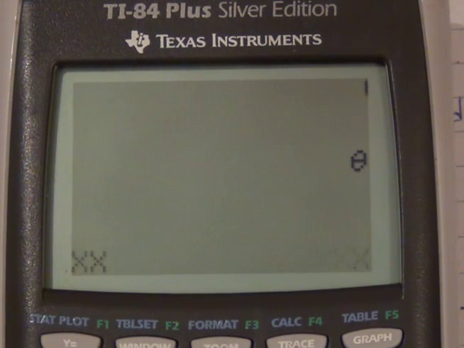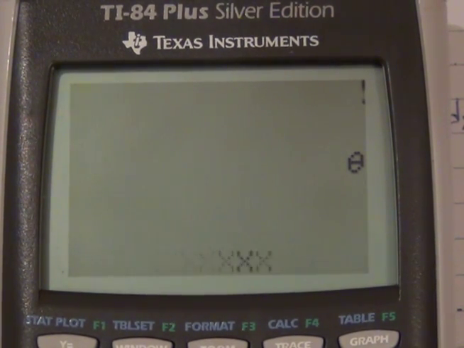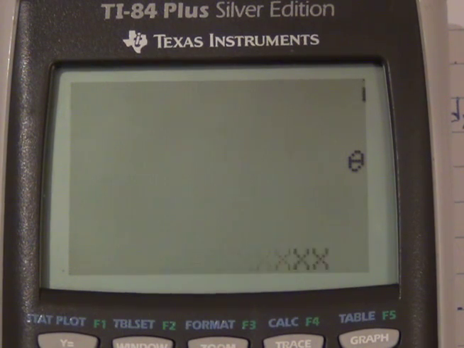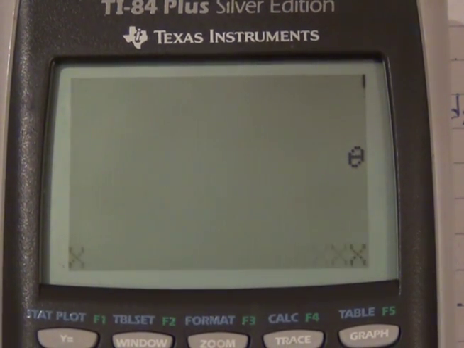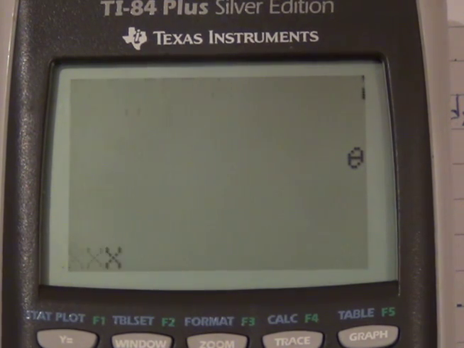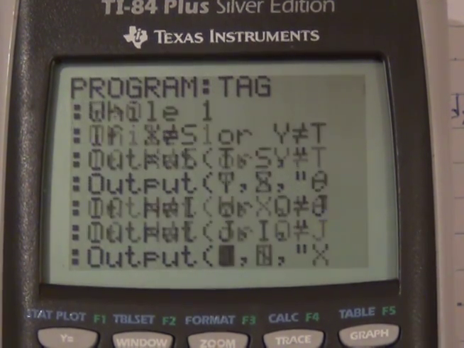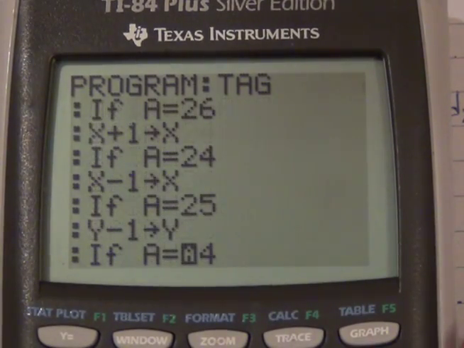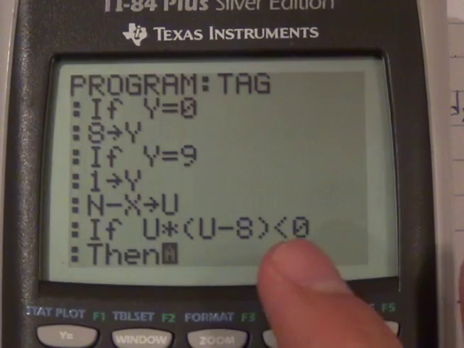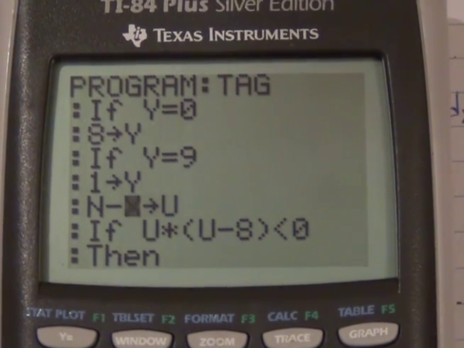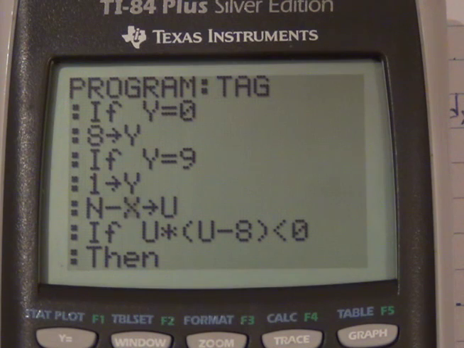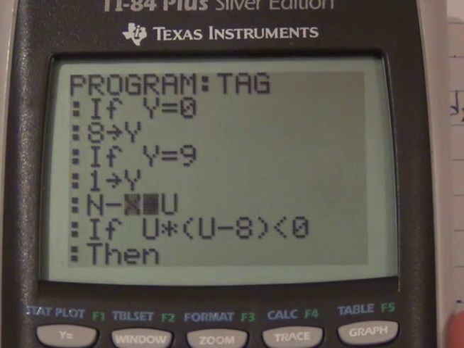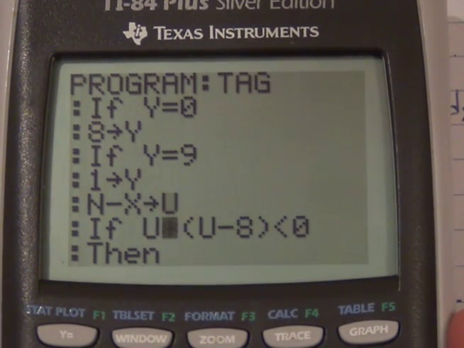So if I'm at 16, if I'm at 16 and he's at 1, we want him to move left, not right. So let's see what it is. 16 minus 1, that's 15.